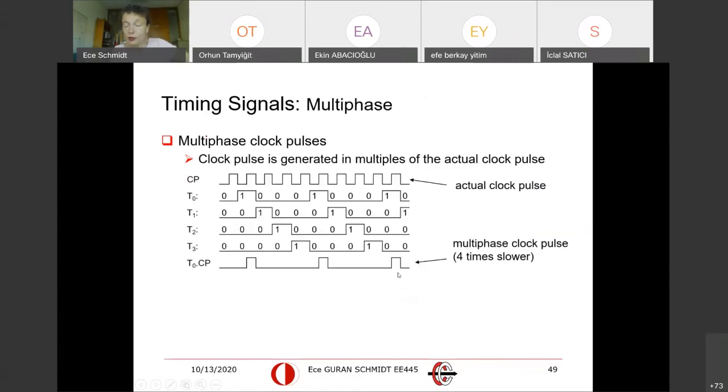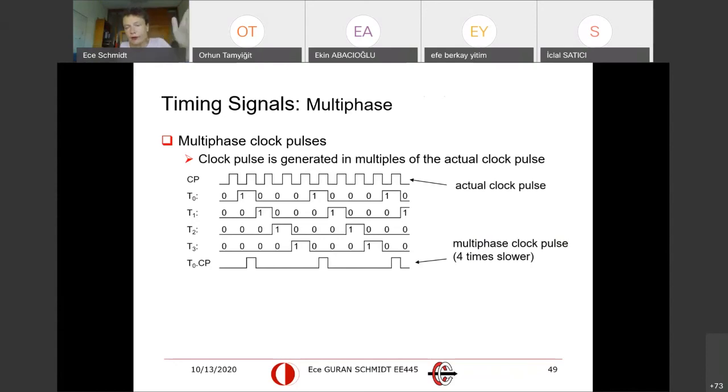Then using these counters, this is very critical because we are going to exactly do this in the ASM, okay? And how we design the controller of the basic computer, okay? So what we need is some signals that are periodically repeated, that are related to other such periodically repeated signals in some sequence.